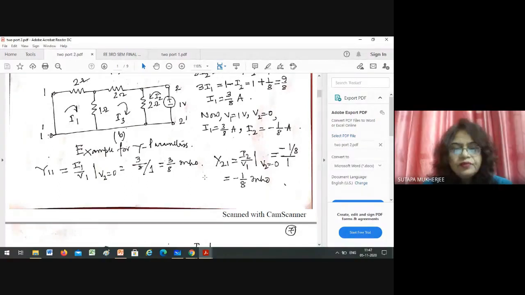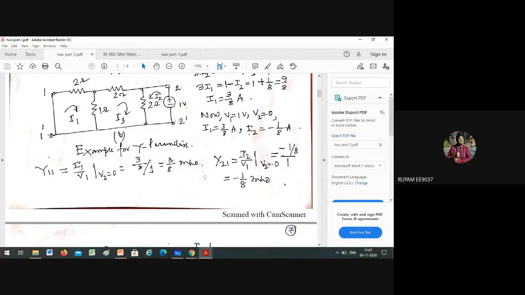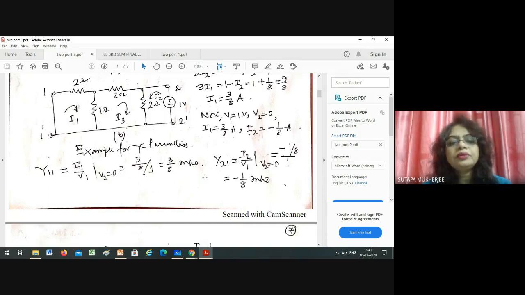Then tell me, what will you do in case of determination of Y12 and Y22? We make V1 equal to 0, so port 1 will be shorted and at port 2 there will be a source.